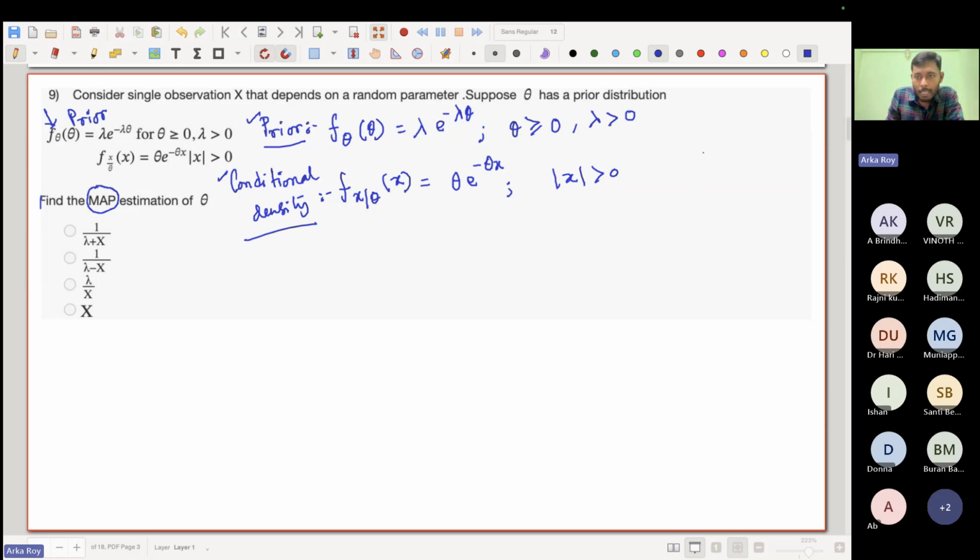So the actual formula would be f theta given x of theta, equals f x given theta of x multiplied by f theta, divided by the total probability.